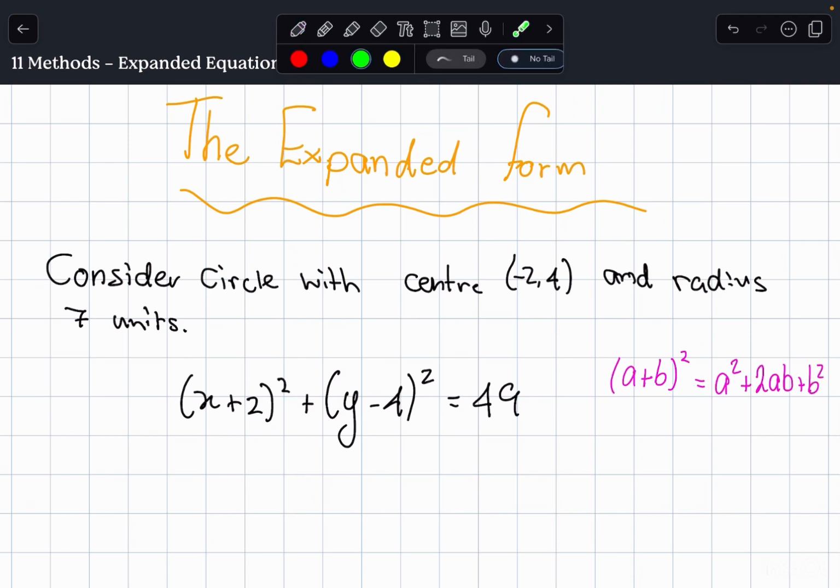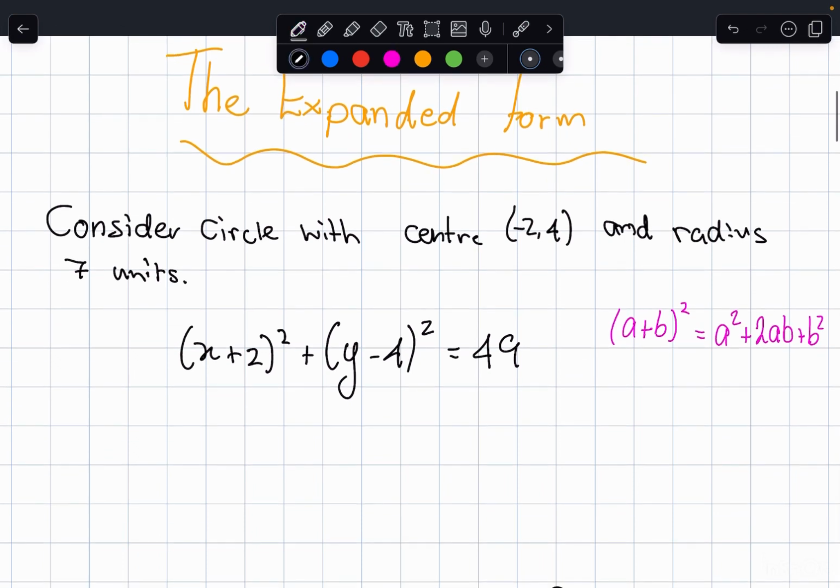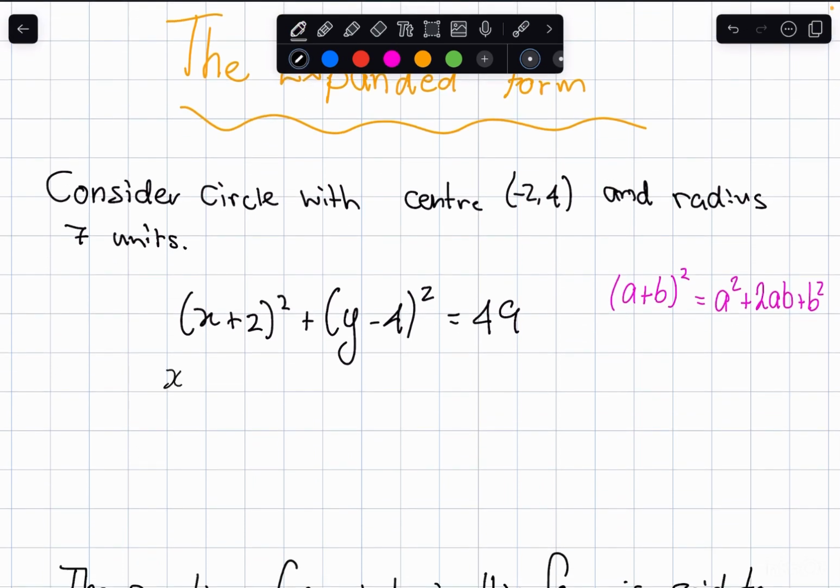All right, so we're going to apply that to both of these individually. If I'm looking at this first one, I've got x squared plus 2 times x times 2 is 4x plus 2 squared is 4, then plus y squared minus 4x times 2 is negative 8x plus 16 equals 49.